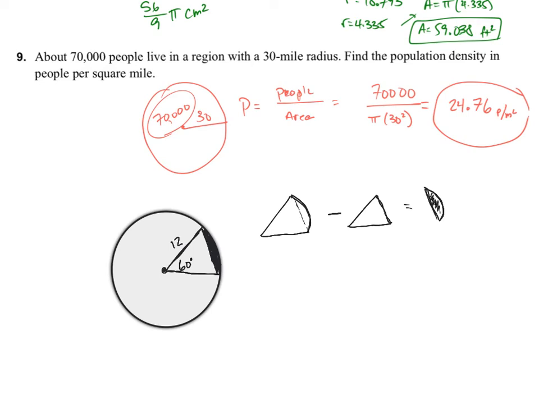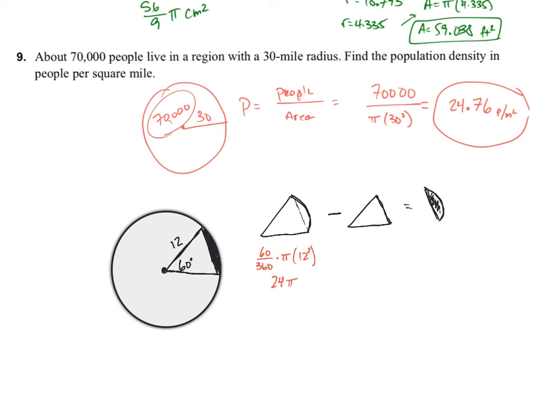All right, so we've got this sector, and this is going to be 60 out of 360 times pi times 12 squared. And working all this out, I would get 24 pi. 144 times 60 divided by 360, or you could say 144 divided by 6.